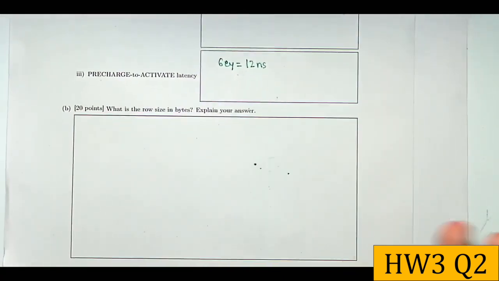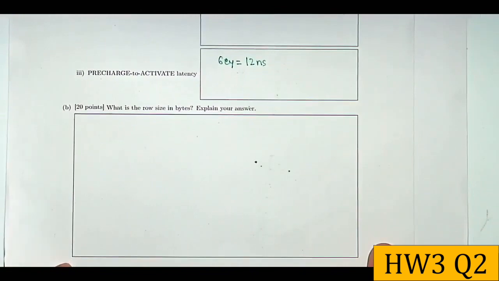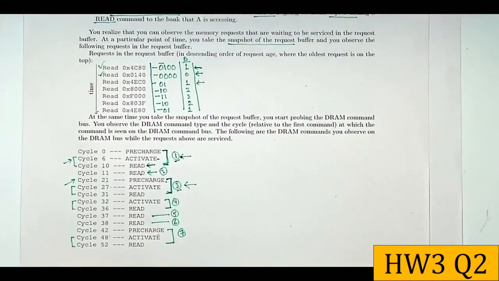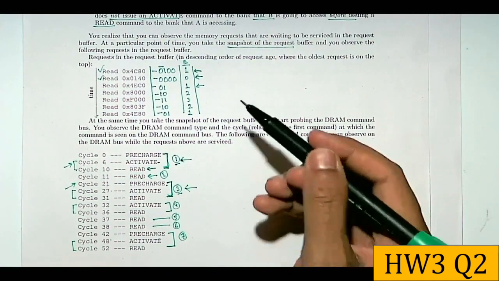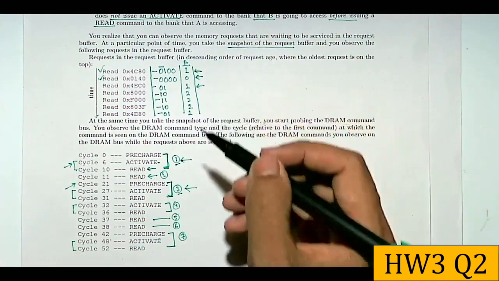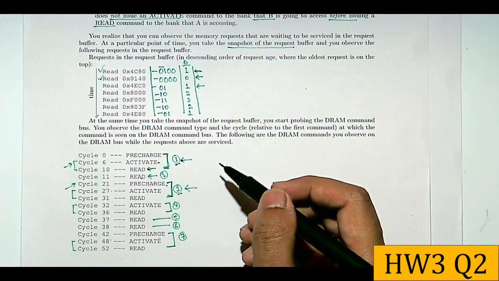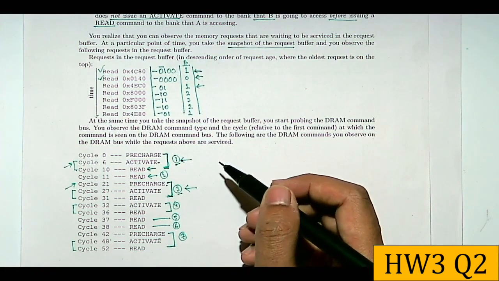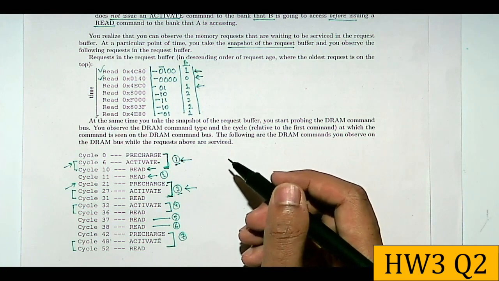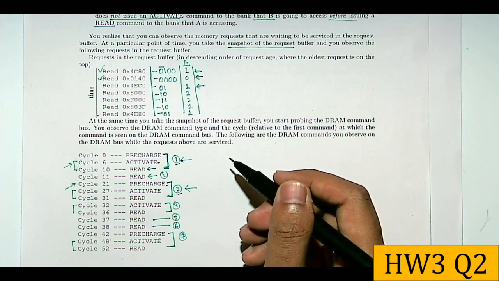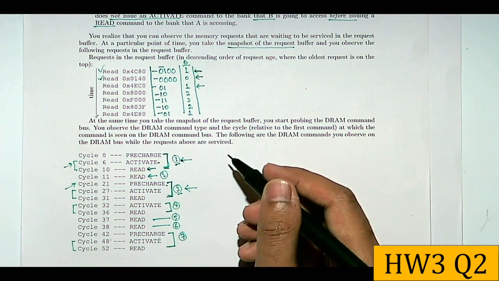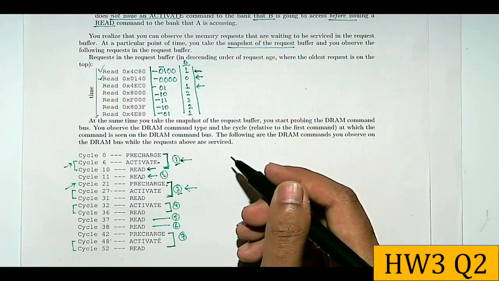Make sense? Okay. Now, a little bit trickier question. What is the row size in bytes? And explain your answer. To approach this question, you should first think that a row buffer hit would give you an idea how big the row buffer is, and a row buffer miss will also give you an idea how big your row buffer is. So the first approach would be to figure out which accesses are going to the same bank.